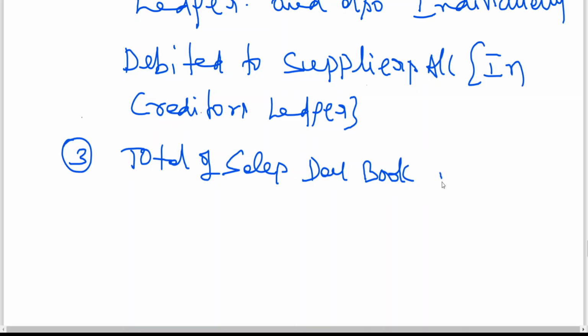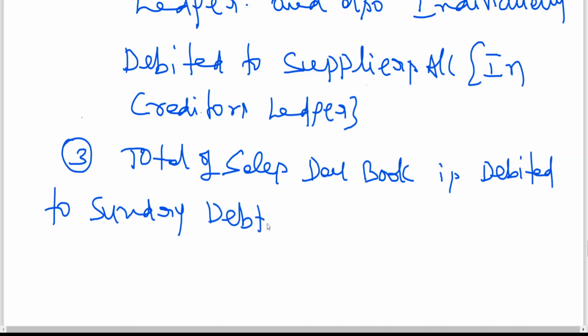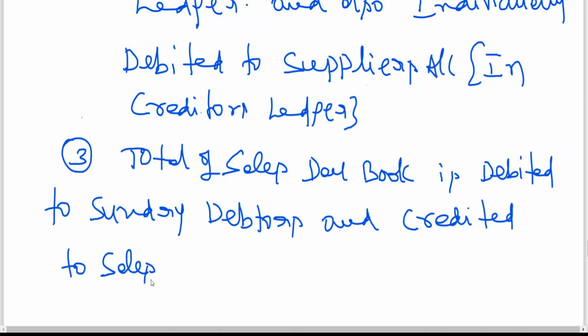Total of sales day book is debited to sundry debtors and credited to sales. Even if you don't remember sales ledger, general ledger doesn't have affect you, but better remember. Total of sales day book is debited sundry debtors account, credited to sales, entry debtors to sales.